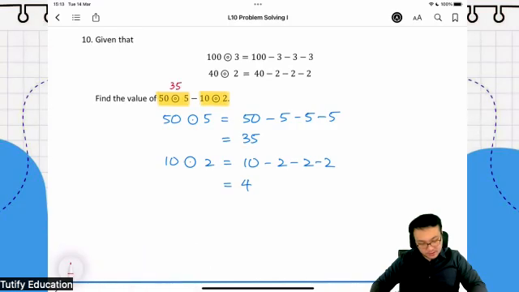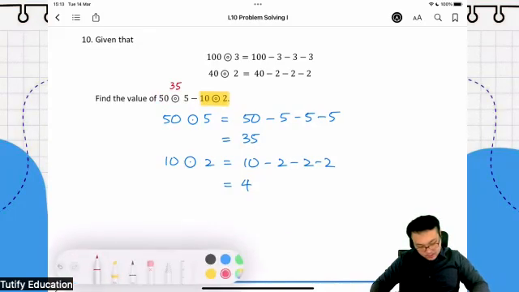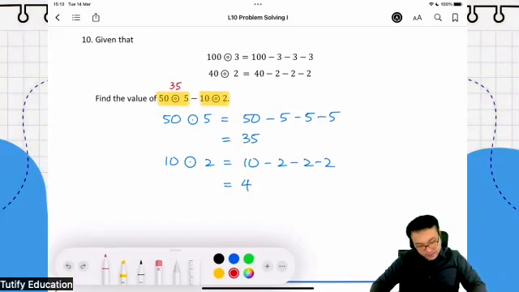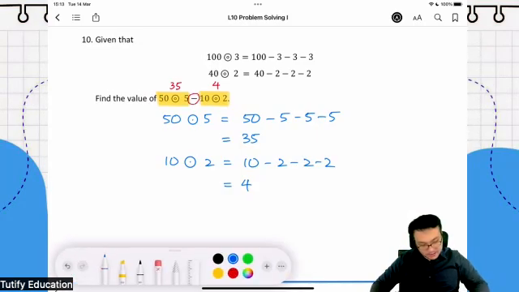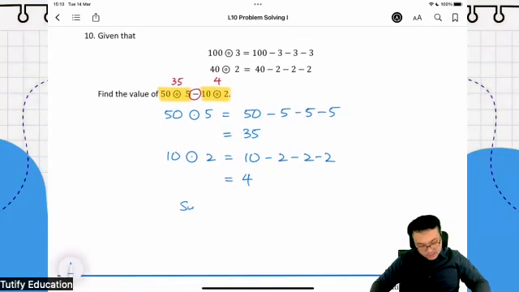So Alicia, we already found that this is 35 here. Can you see here? Yes. This is 35. Okay. And we also found that this is 4. So what is this sign here? Minus. Minus. So what is the answer? 35 minus what? 4.